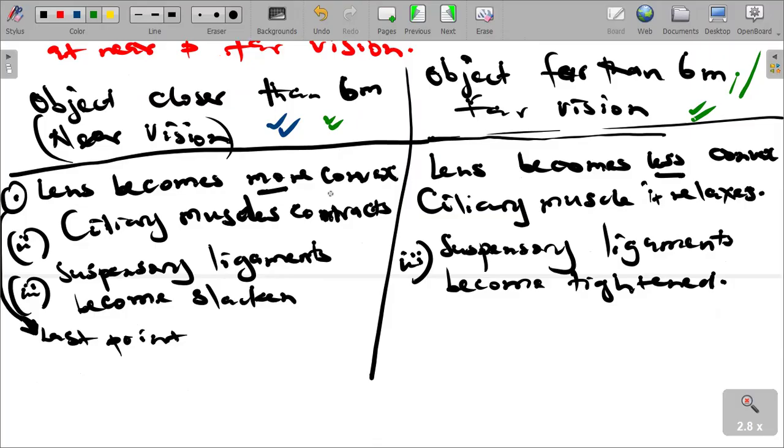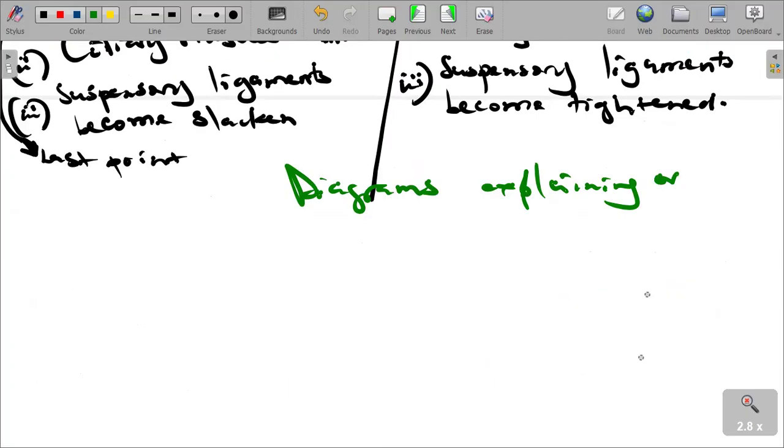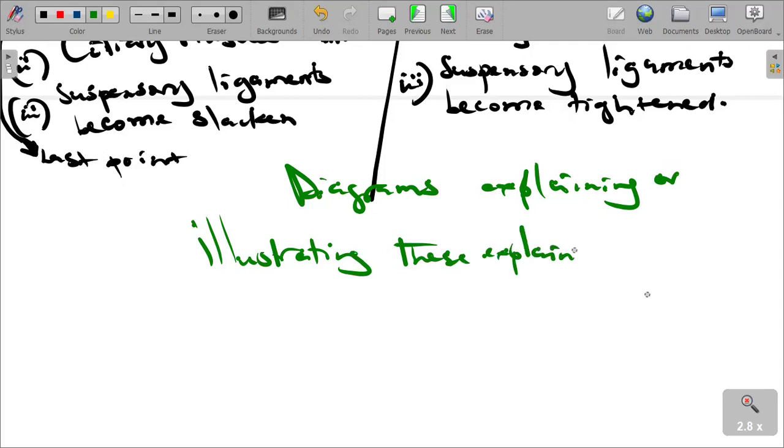So let's also look at diagrams illustrating these explanations. It's very important for you to know the diagrams.